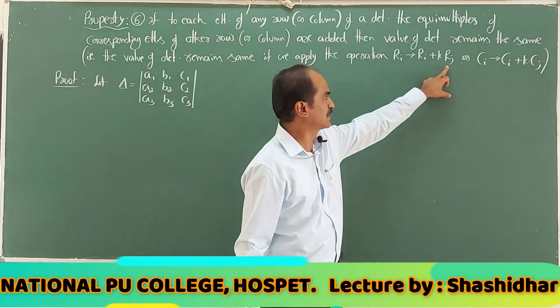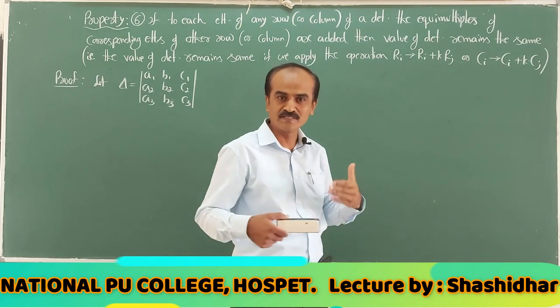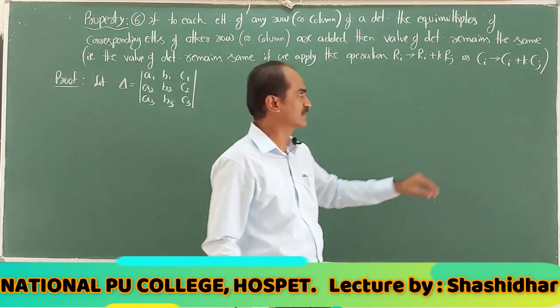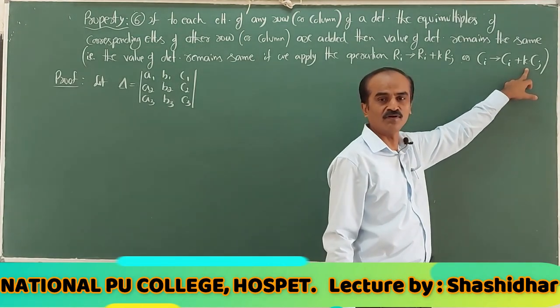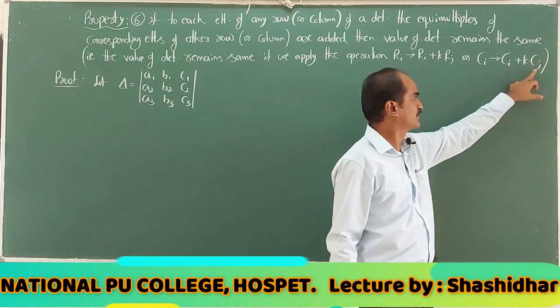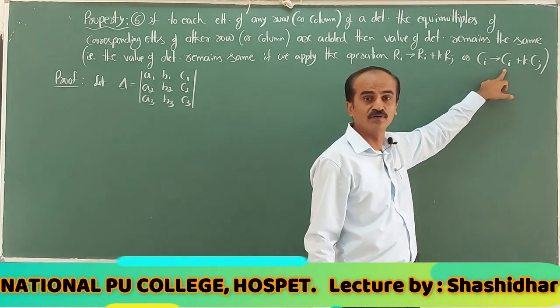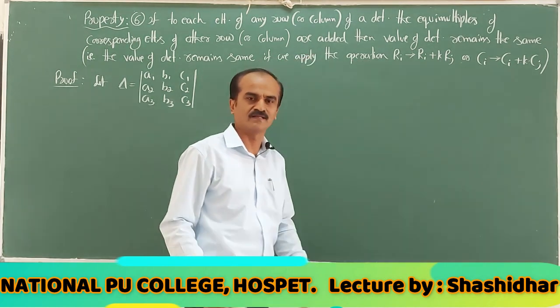That is, you are multiplying the jth row elements by k, adding it to the ith row. If you do such changes, the value of the determinant is not going to alter. Similarly, the ith column changes to the ith column plus k times the jth column. That is, you multiply the jth column by k, adding it to the ith column elements. If you do so, the value of the determinant is unaltered.